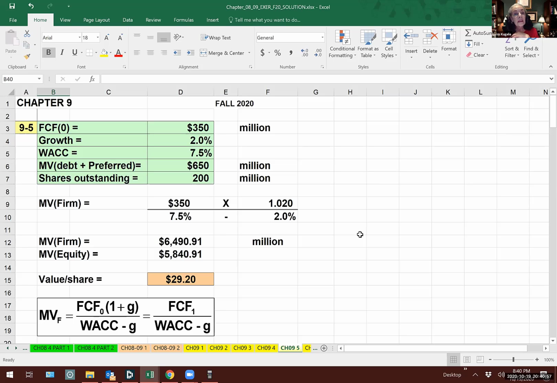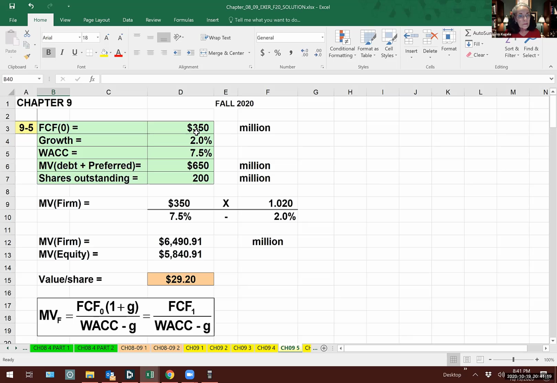And the problems are real clear about it. It'll say the firm just paid a dividend, or the firm is expected to pay a dividend, or it'll say the firm's free cash flow for this year was, or they expect free cash flow for next year to be. So they'll be real clear about it.